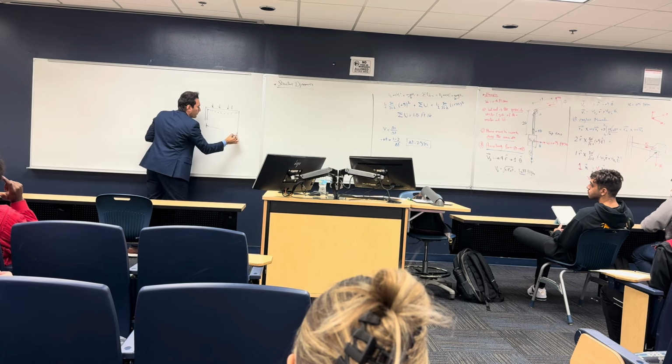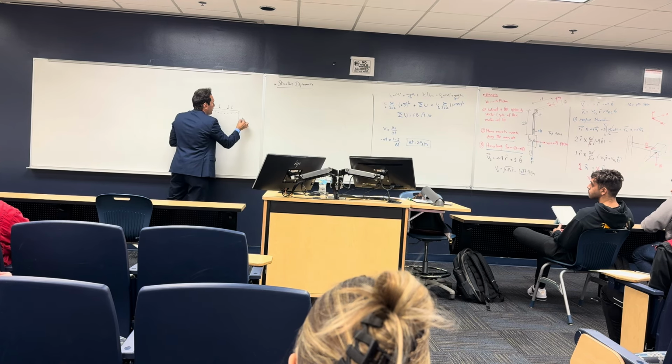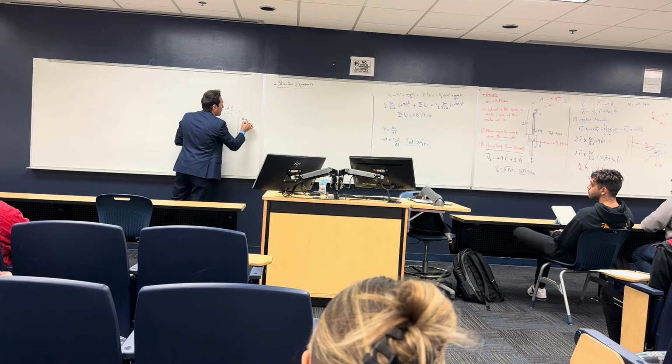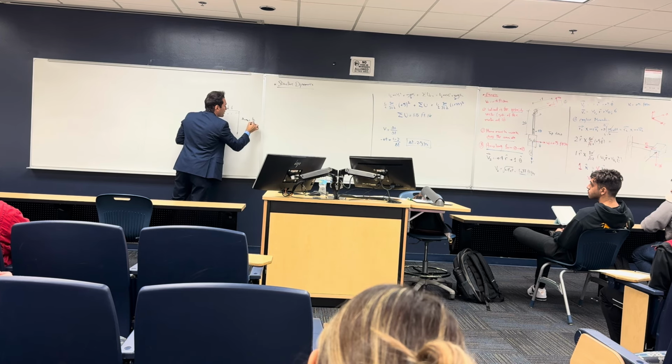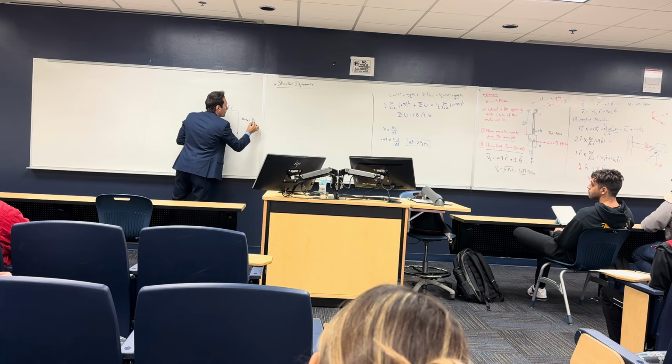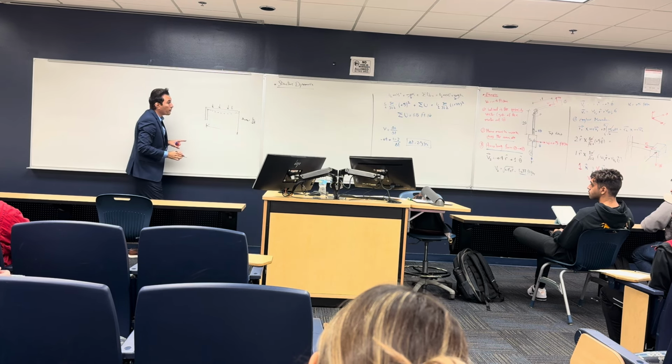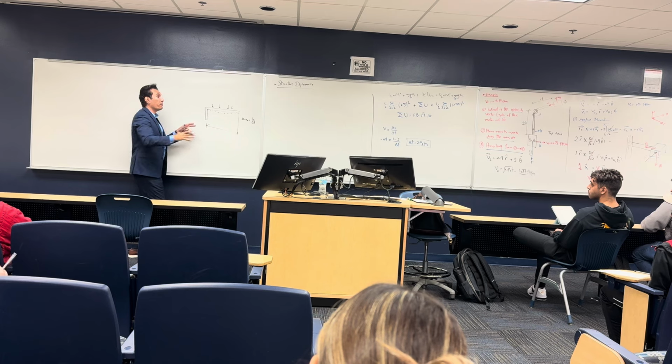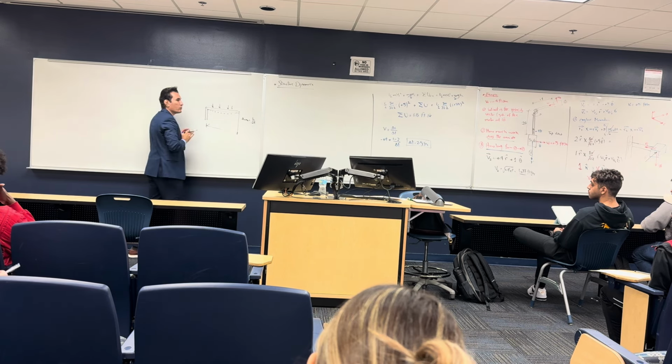If this is L, for example, the delta maximum shouldn't exceed L over 360 or L over 240, or something like that. So there is a maximum based on the span of your structure.